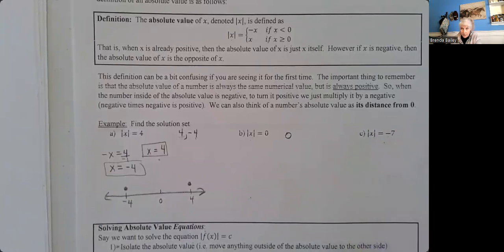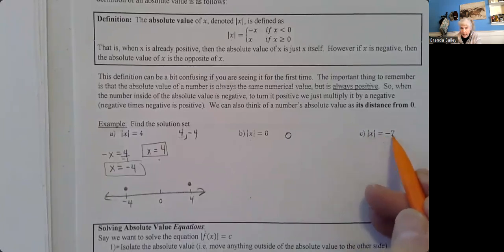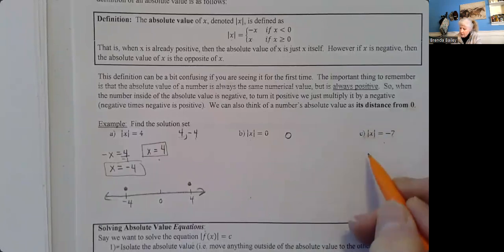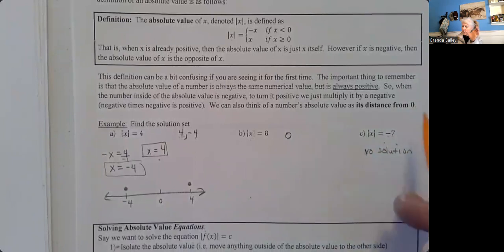Well, you cannot do that. So when you have an absolute value equaling a negative, all you have to write is no solution. And you're done. There is no solution. Absolute values always equal a positive number, never a negative number.